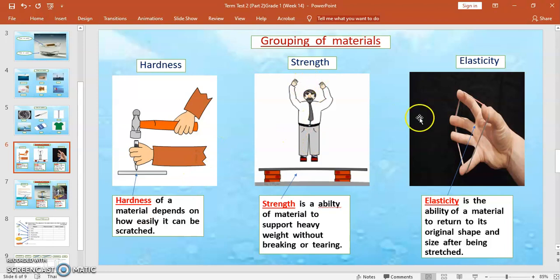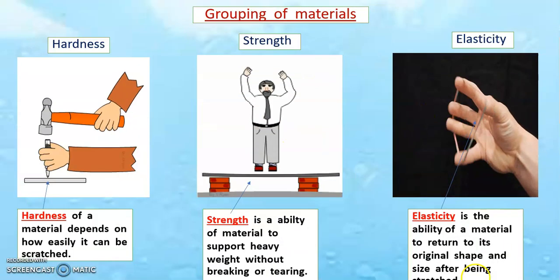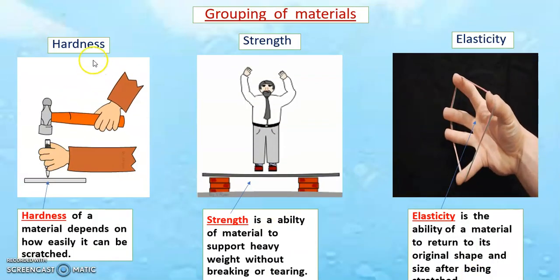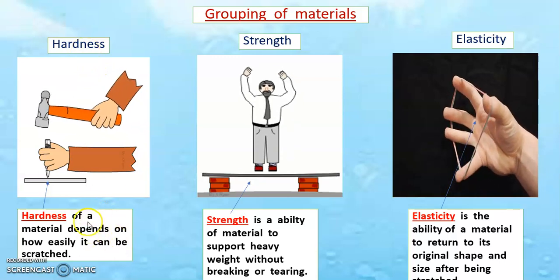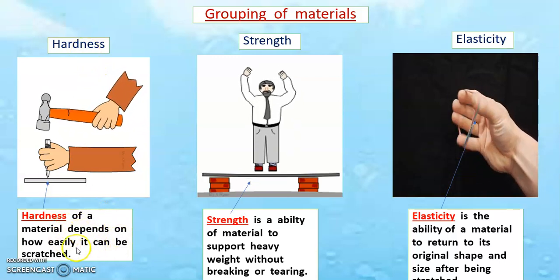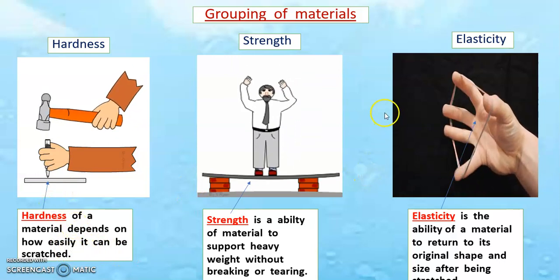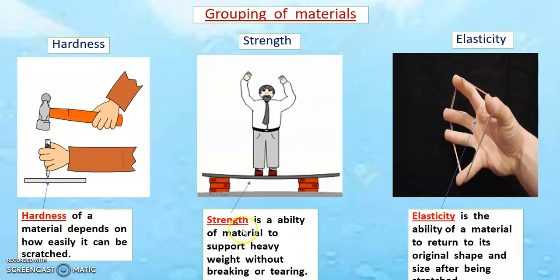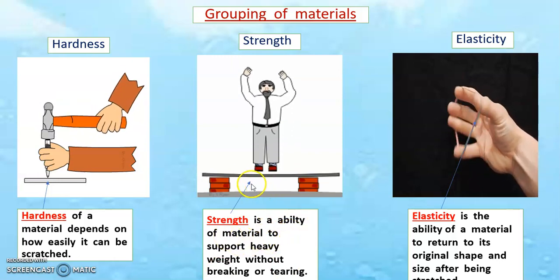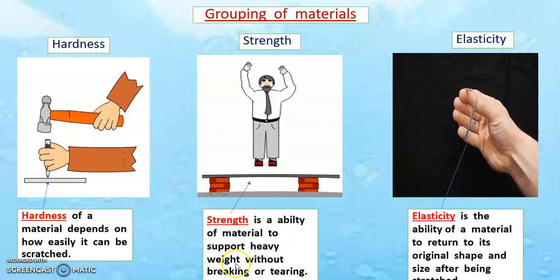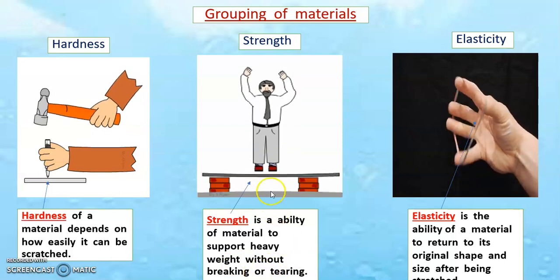The groupings of materials: number 1, hardness. Hardness of a material depends on how easily it can be scratched. Next, strength. Strength is the ability of a material to support heavy weights without breaking or tearing.